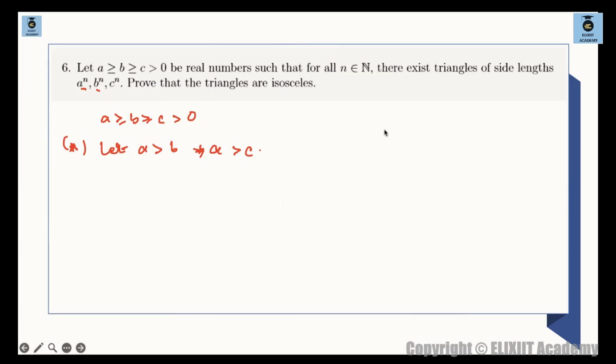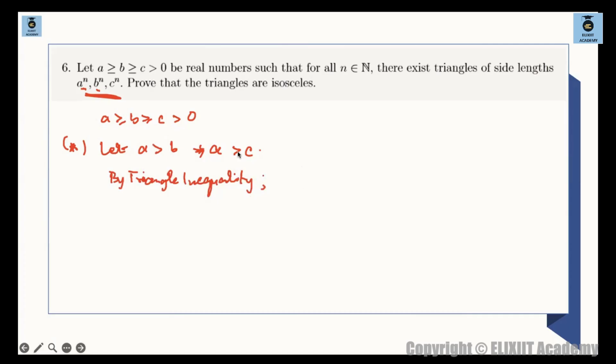Now the thing is, we have to prove that there exist triangles of these side lengths. The side lengths of the triangles are A raised to the power of n, B raised to the power of n, and C raised to the power of n. If these are the side lengths of the triangle, then by triangle inequality, we have taken this to be the largest side, no?